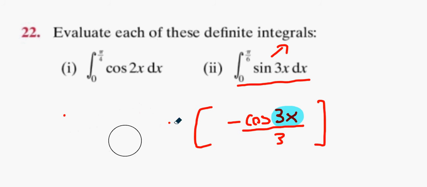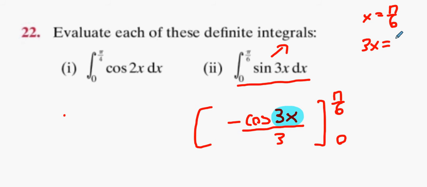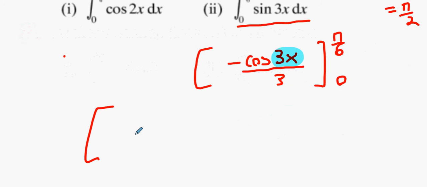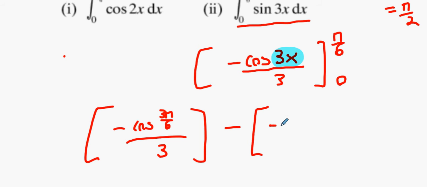Now, please remember that cos 0 actually has a value, okay? So the zeros won't just disappear this time. Now, if x is pi over 6, what's 3x? 3 pi over 6, which is pi over 2. Is that alright? So what we're going to do here, we're going to have minus cos, replace x with pi over 6, and you get 3 pi over 6 divided by 3, minus cos 0 over 3.